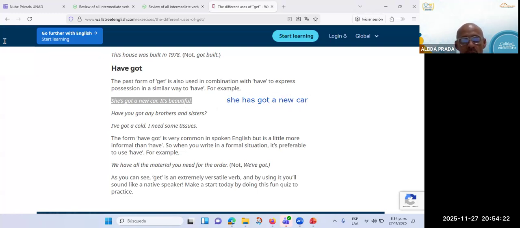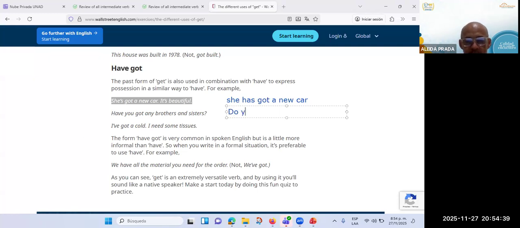And of course, if you can make positive sentences, you can also make questions with that structure. And in that structure, you say, have you got any brothers or sisters?